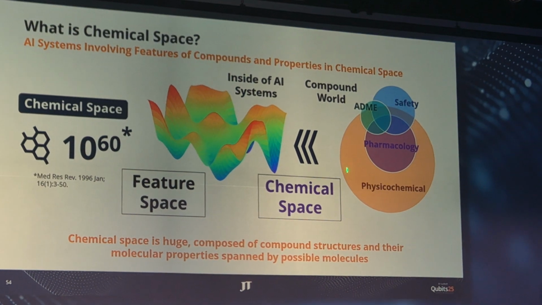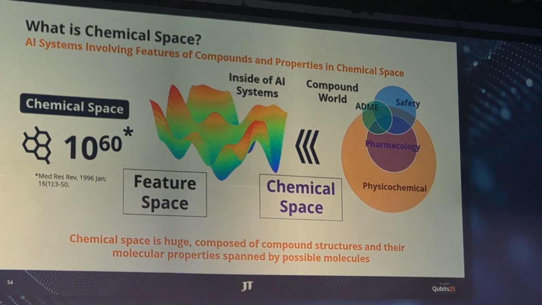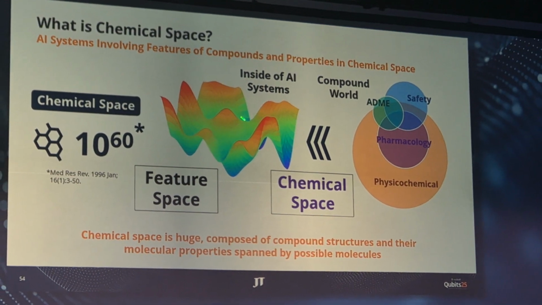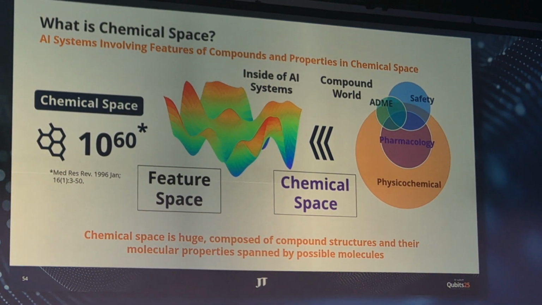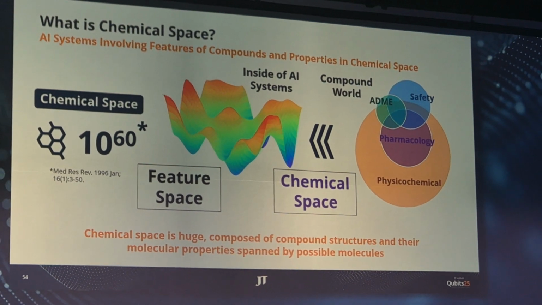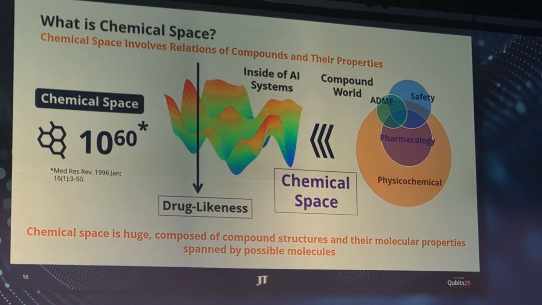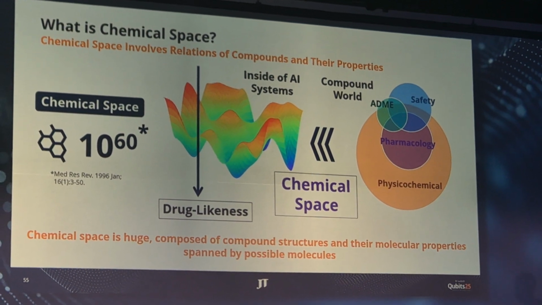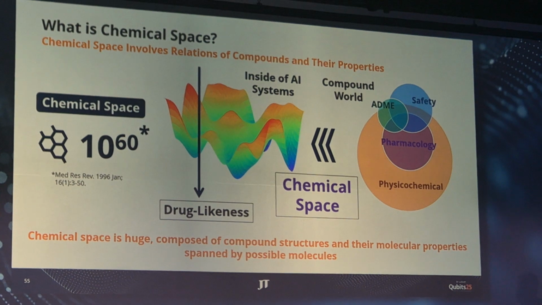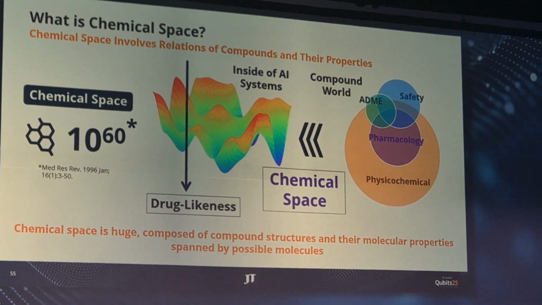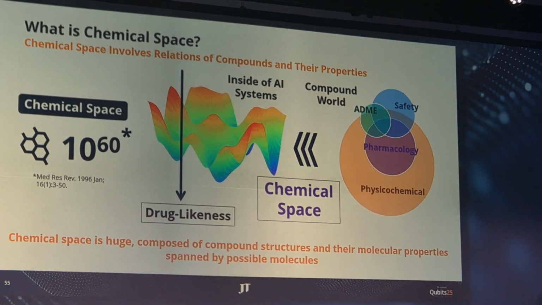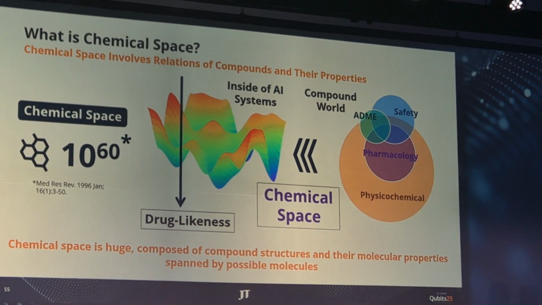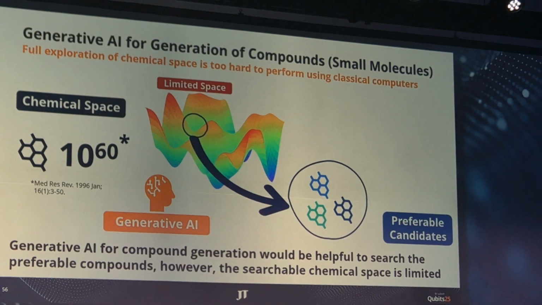Then we need to transfer this huge space to the feature space inside of the AI systems. So then in the training phase, we explore and identify the lower energy state. Lower energy state is corresponding to the more appropriate drug likeness. So we want to identify the lower energy state.